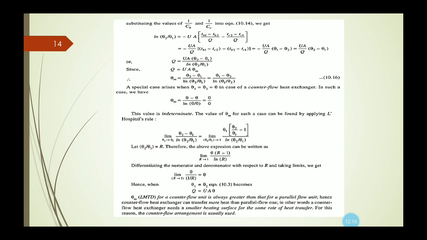That's why the counter flow heat exchanger can transfer more heat than the parallel flow heat exchanger. Or we can also say that a counter flow heat exchanger needs a smaller heating surface for the same rate of heat transfer compared to the parallel flow heat exchanger. For this reason, the counter flow arrangement is usually used in our daily life.